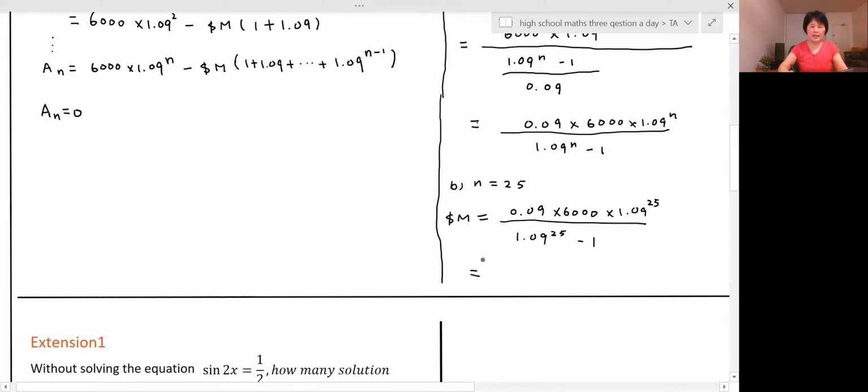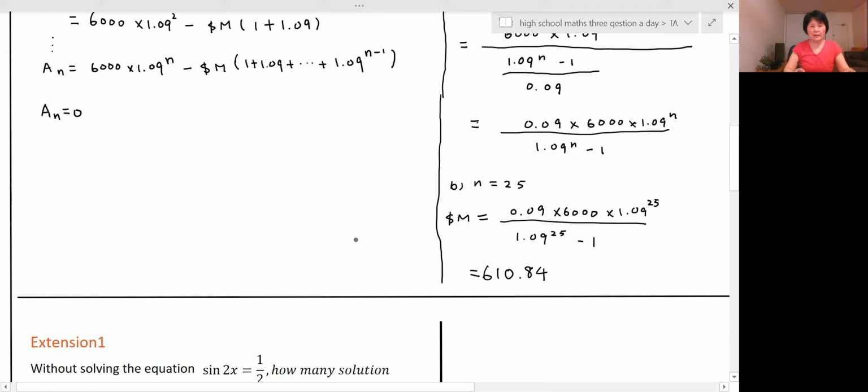Okay, so the yearly payment will be 610.84. What is this amount for? If I borrow 6,000 from the bank, the bank will charge 9%. So how much do we pay yearly?